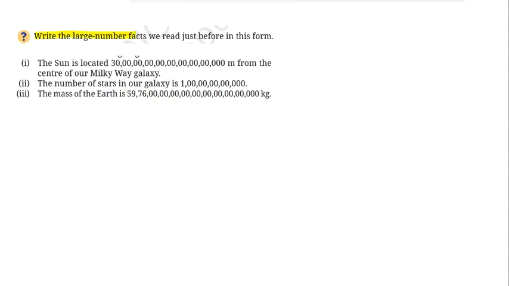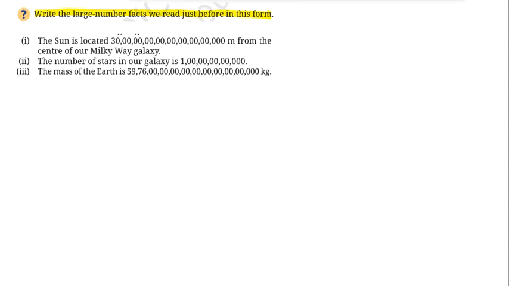Write the large number facts we read just before in the form. So just above haven't we discussed कि कितने zeros followed हो रहे हैं, तो मैंने यहाँ बोला था 3 and 20 zeros थे. उसके बाद नेक्स्ट वाले क्वेश्चन में this is 1 and then we have 11 zeros, right? And for the next one, the mass of the earth, we had 5976 and we had 21 zeros after that.